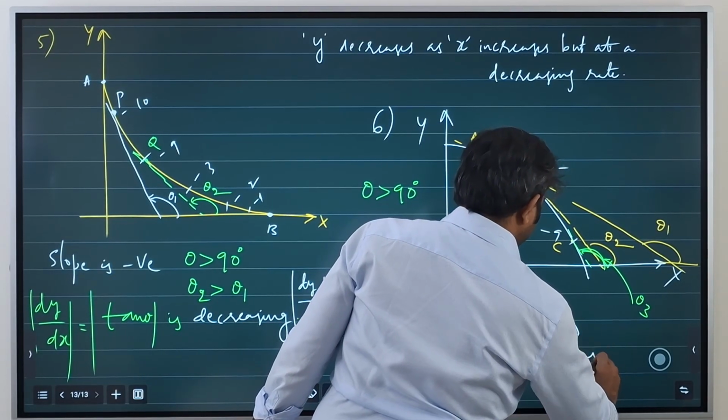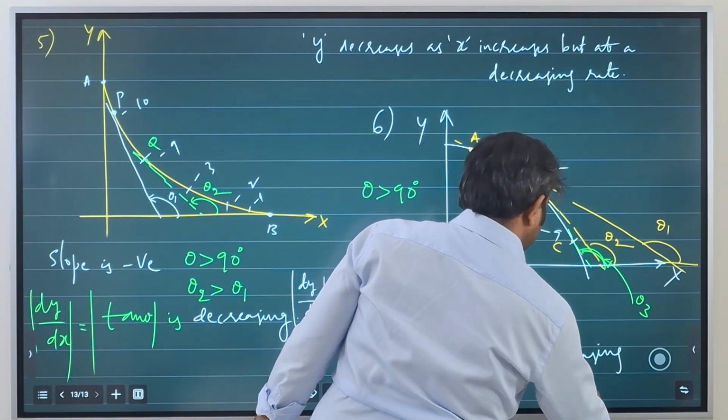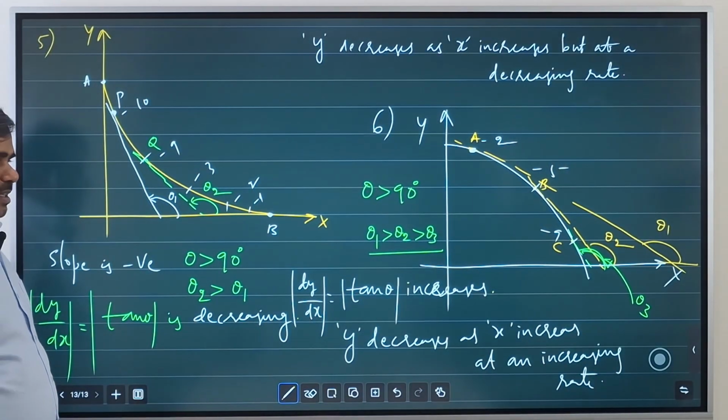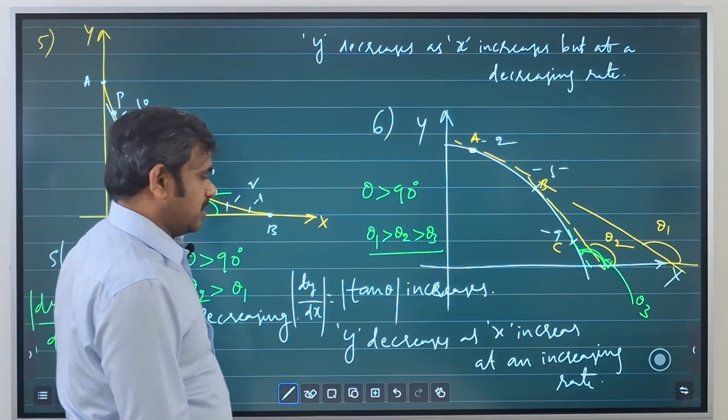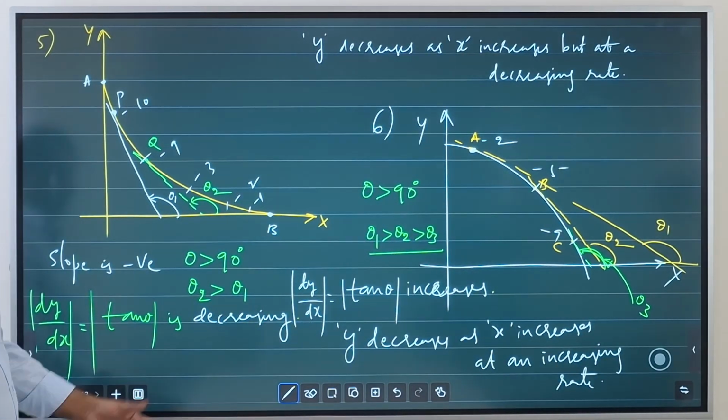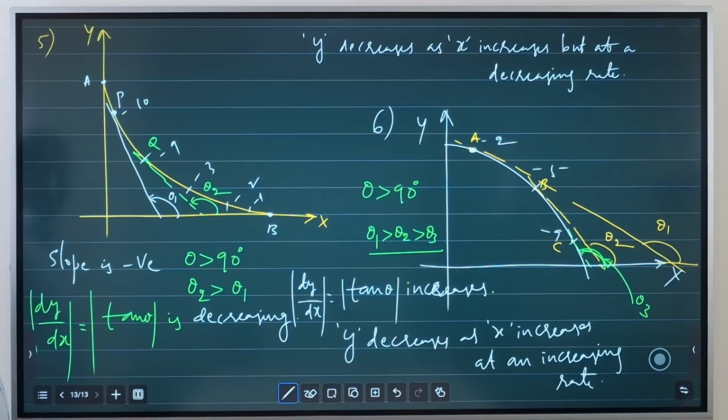At an increasing rate, y is decreasing as x is increasing. This is the conclusion we can come to in the sixth graph.